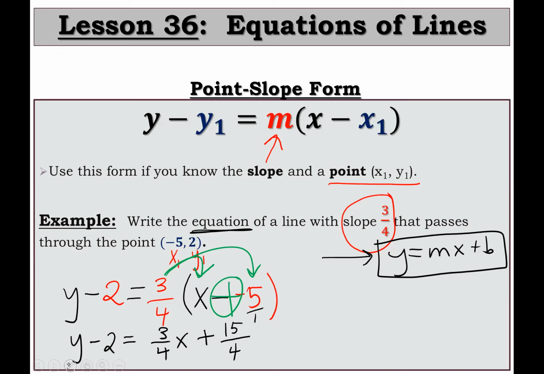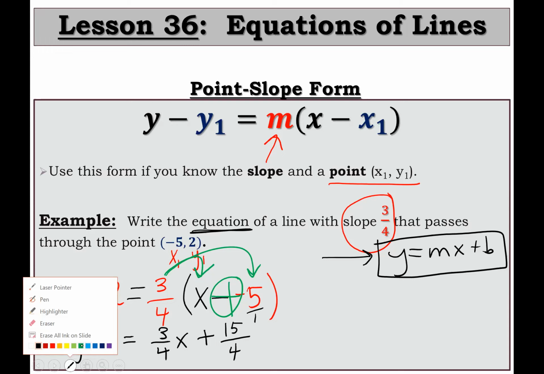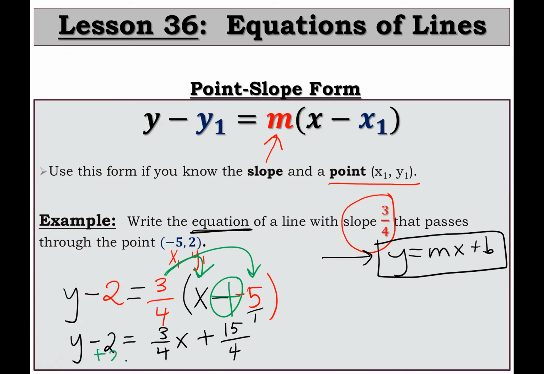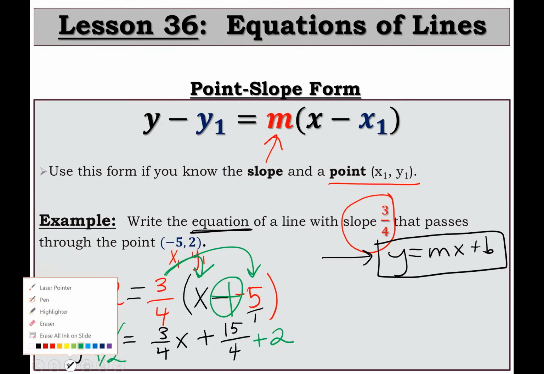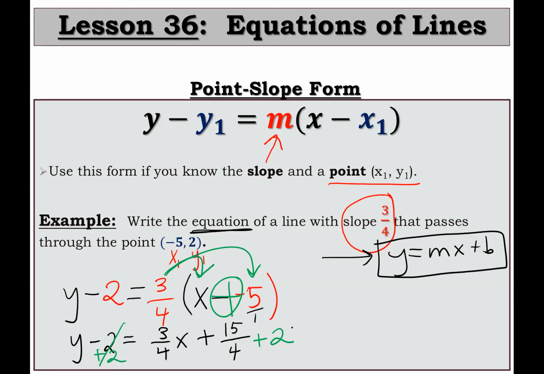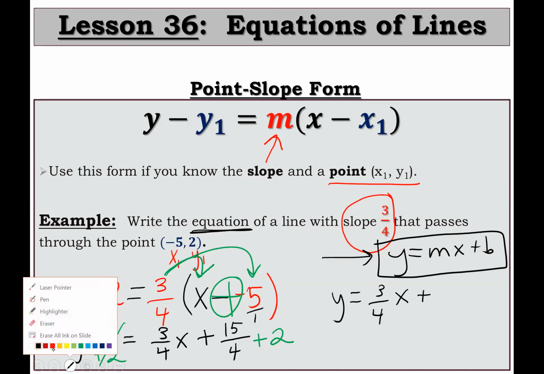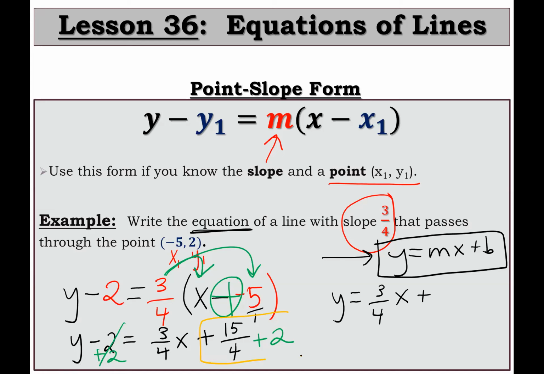Our last step to get y by itself is to add 2 to both sides. So I'm just writing a little plus 2 on both sides. And then we'll need to simplify, which in this case means we're going to combine like terms. The 15/4 plus 2, we'll need to add that together. So y equals 3/4 x plus, okay, let's remember what to do with fractions here. 15/4 plus 2, if you put that 2 over 1, so 15/4 plus 2 over 1.